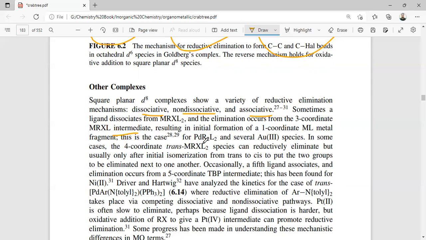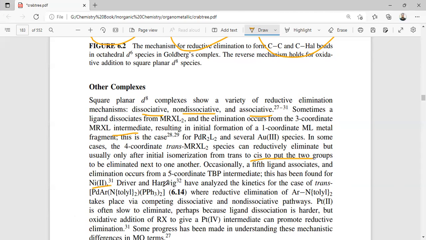This is the case for palladium R2L2 and several gold species. In some cases, the 4-coordinated trans MRLX2 species can reductively eliminate, but usually only after initial isomerization from trans to cis to put the two groups to be eliminated next to one another. Occasionally a fifth ligand associates and elimination occurs from the 5-coordinated TBP intermediate. This has been found for nickel(II).